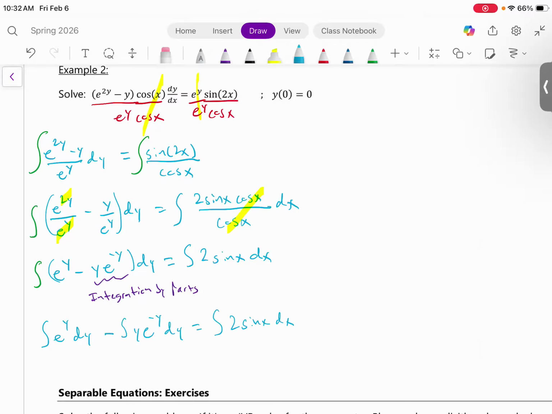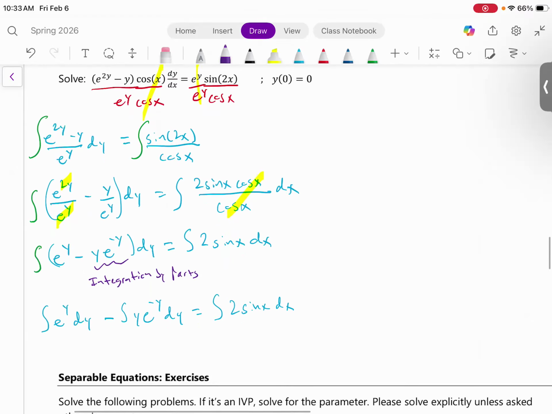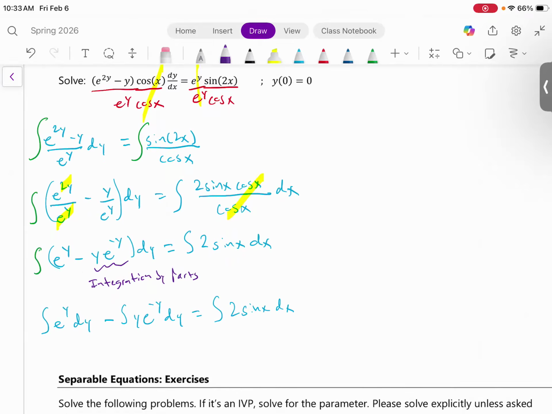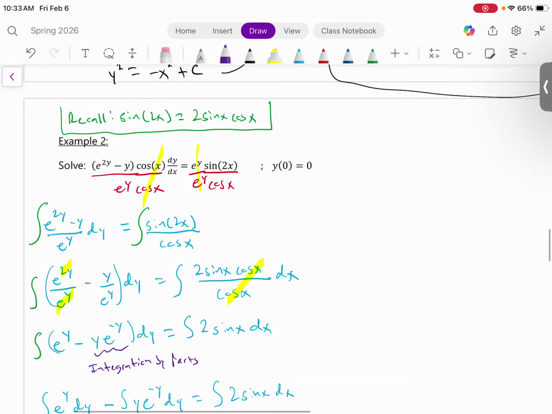I'm going to separate these two integrals and I'm going to do integration by parts. So with integration by parts, recall, it's uv minus the integral of v du.